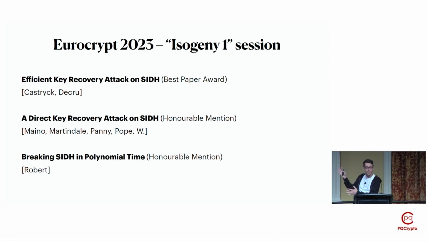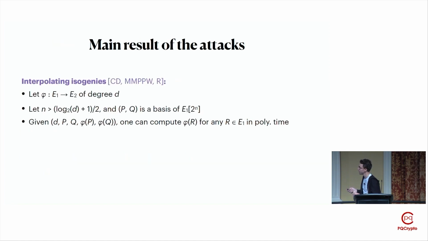The main message of these attacks is the following theorem, which you can extract by looking at all three papers. This is the main result, and it's something that we could absolutely not dream of more than a year ago. Suppose you have an isogeny phi from E1 to E2 of degree some integer d.